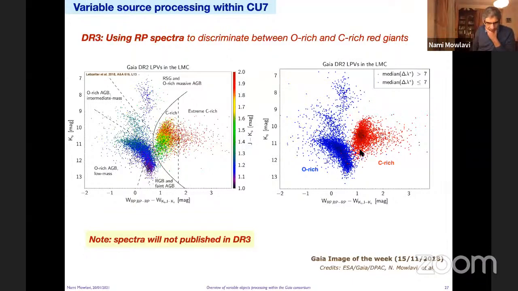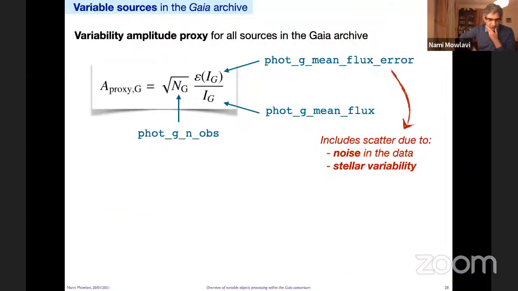Okay, now a few words. This was about the tables that were published in the specific variability catalog. But of course, we have the full Gaia archive, which is available. And one quantity that is published for every star which has a photometry is the uncertainty on the photometry in G, on the flux in G. And this uncertainty actually includes in its data the noise of the data, but also the variability of the star itself.